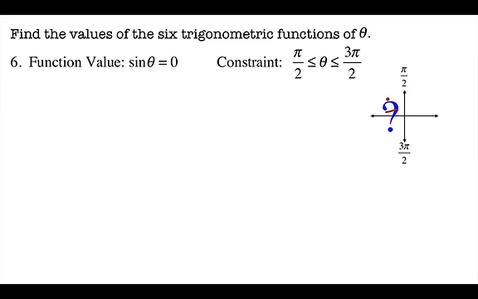Now, where do you have sine of theta equal to 0? Between quadrant 2 and 3. And that is here, exactly at pi. That's where we have sine of theta is equal to 0. So now that we know that theta is pi, we can compute the other 6.